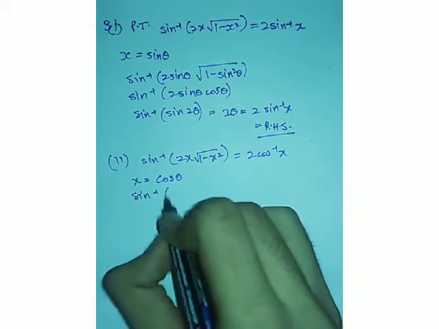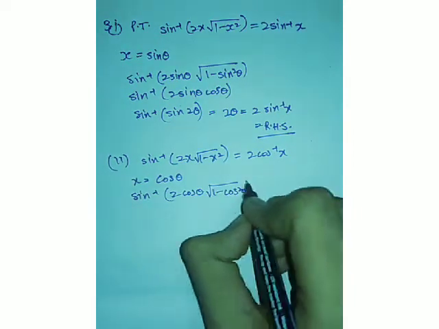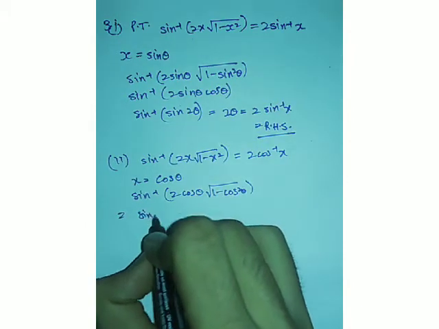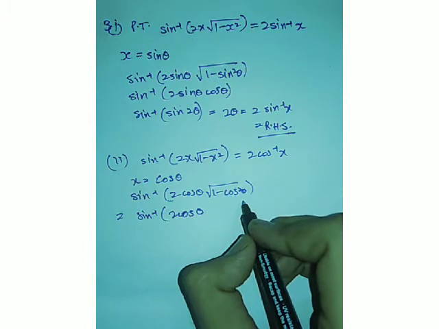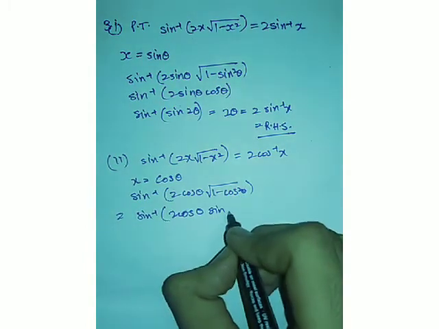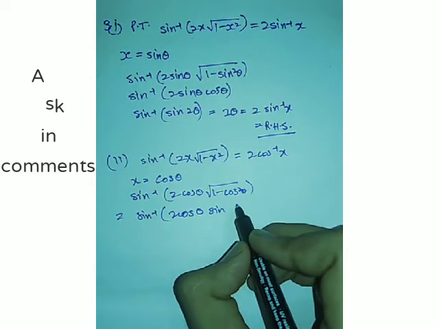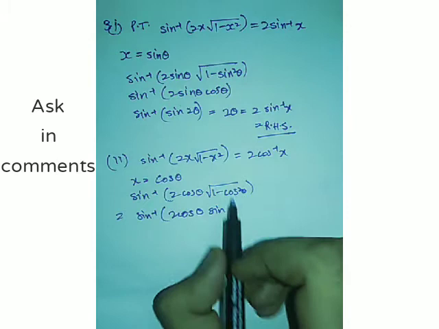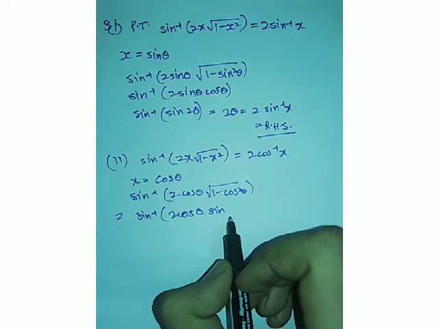What will you get? Sine inverse 2 cos theta under root 1 minus cos square theta. So 1 minus cos square theta is sine square theta, and the root and square will be cancelled. You will get sine theta only, because we have substituted x is equal to cos theta, right?